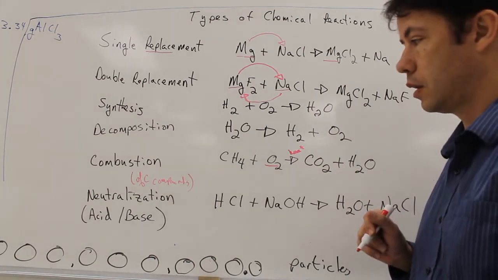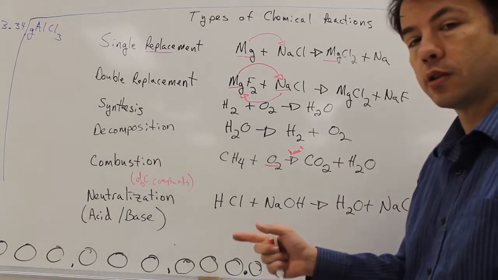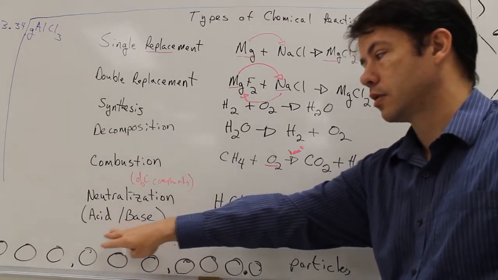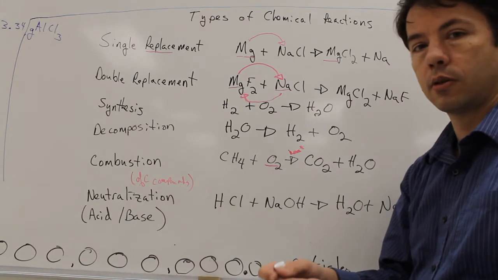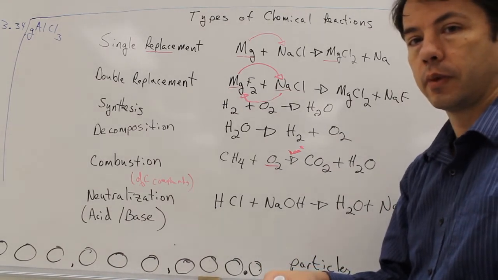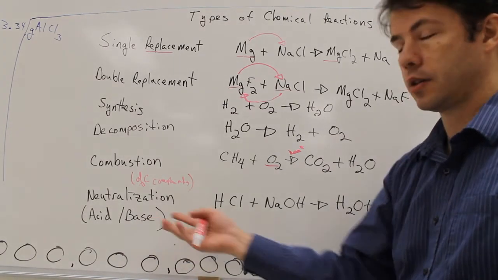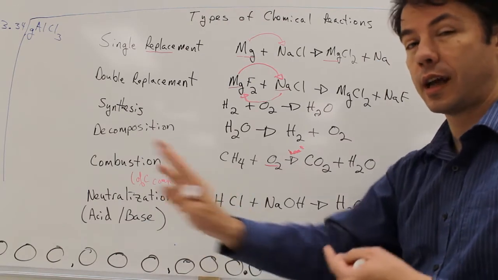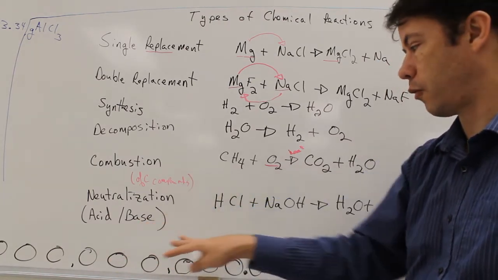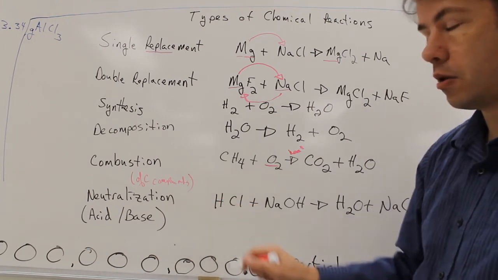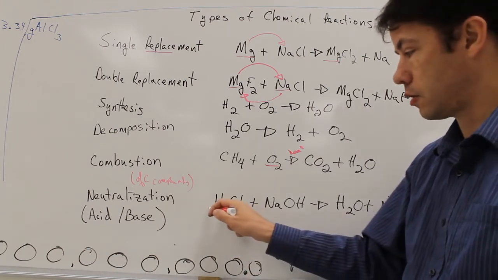Alright, neutralization reaction. This is where we take an acid and a base, also known as an acid-base reaction, and mix them together until the reaction is neutralized. When we get into acids and bases more in coming units, this will make a lot more sense. But for now, how do you know if it's an acid? It starts with hydrogen.